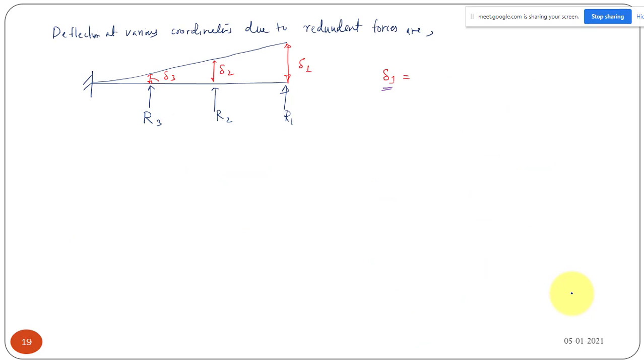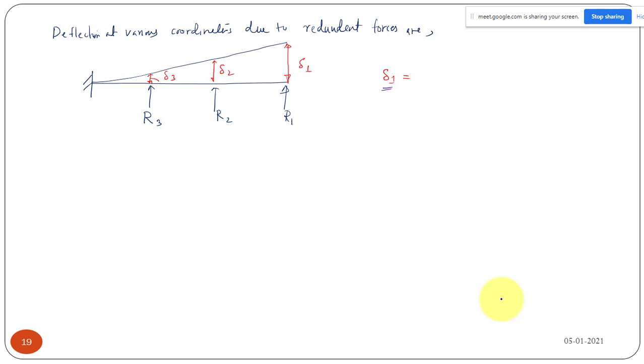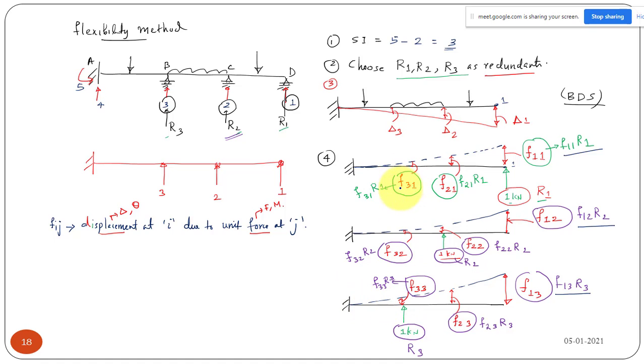Okay, and similarly small delta 2 will be equal to F21 R1 plus F22 R2 plus F23 R3. And next you can find small delta 3, that is F31 R1 plus F32 R2 plus F33 R3.